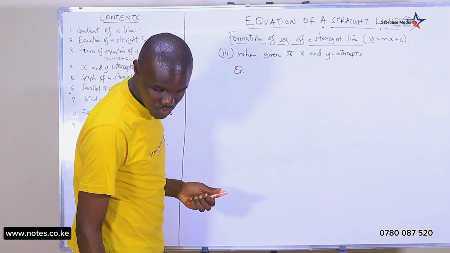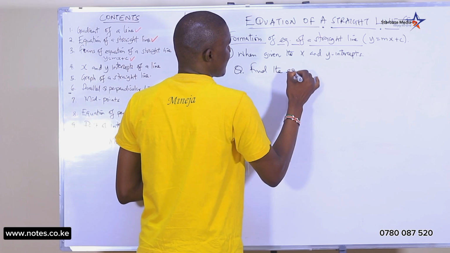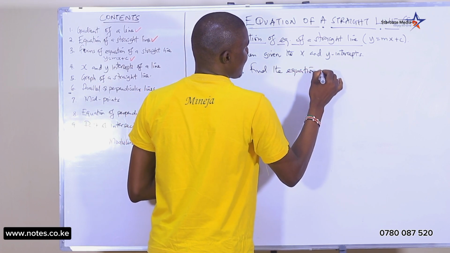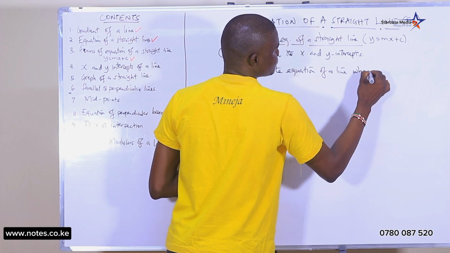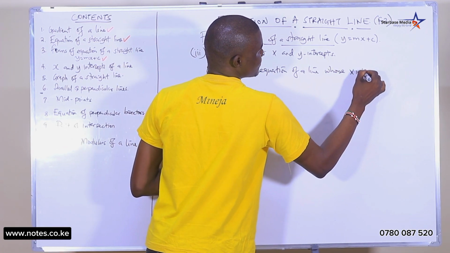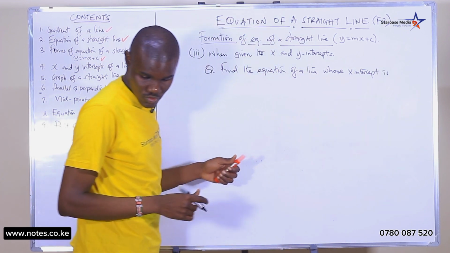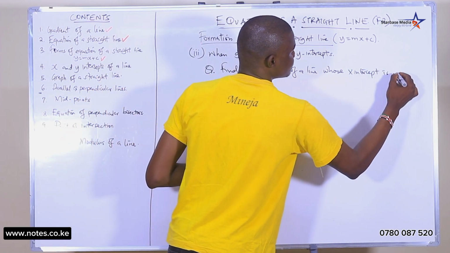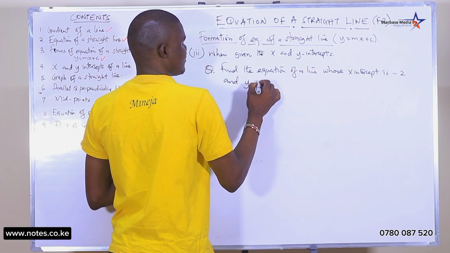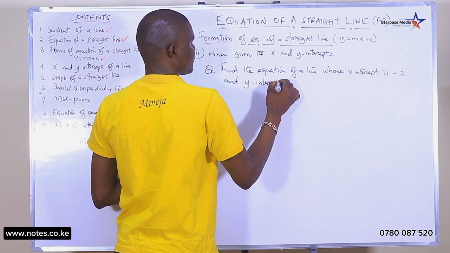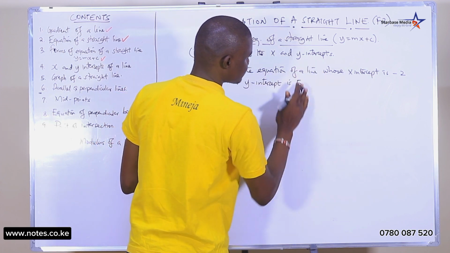Find the equation of a line whose x-intercept is -2 and y-intercept is 5.